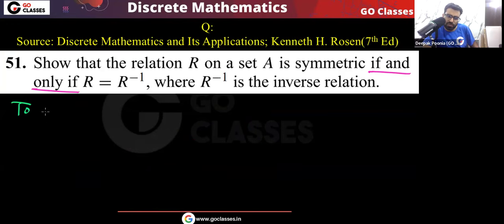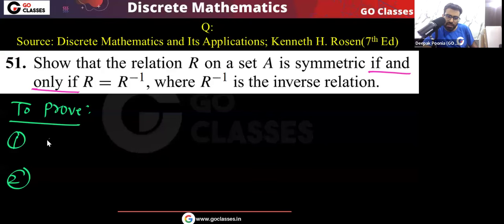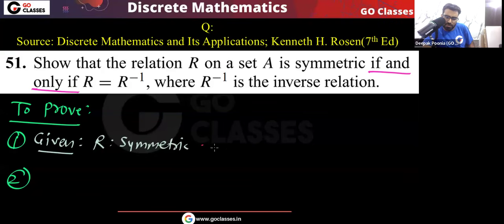So what do we need to prove? There are two things that we need to prove. The first thing is: given R symmetric, prove R equal to R inverse.